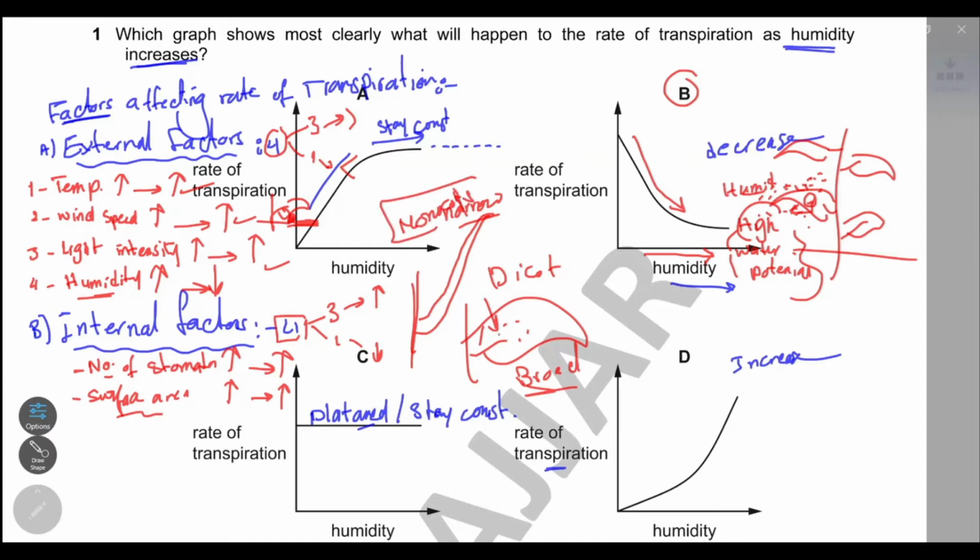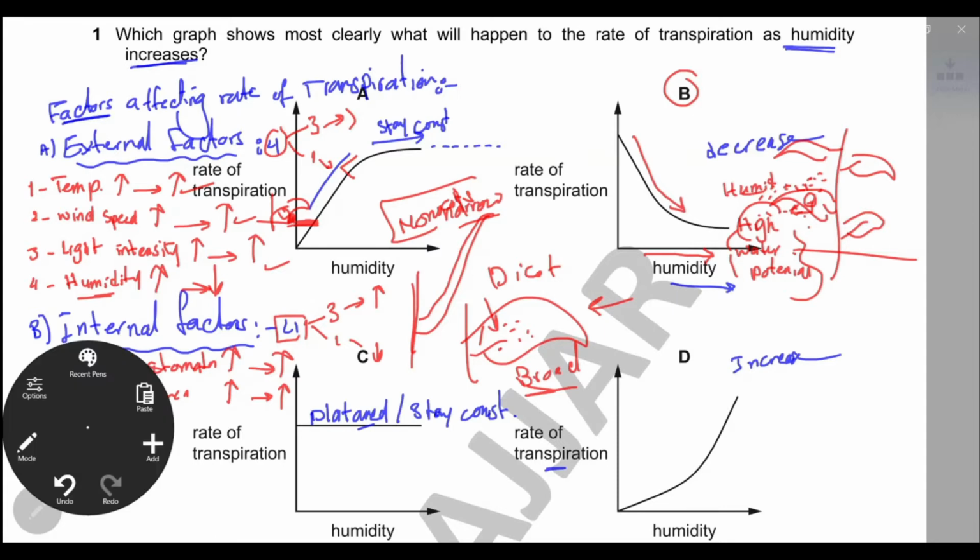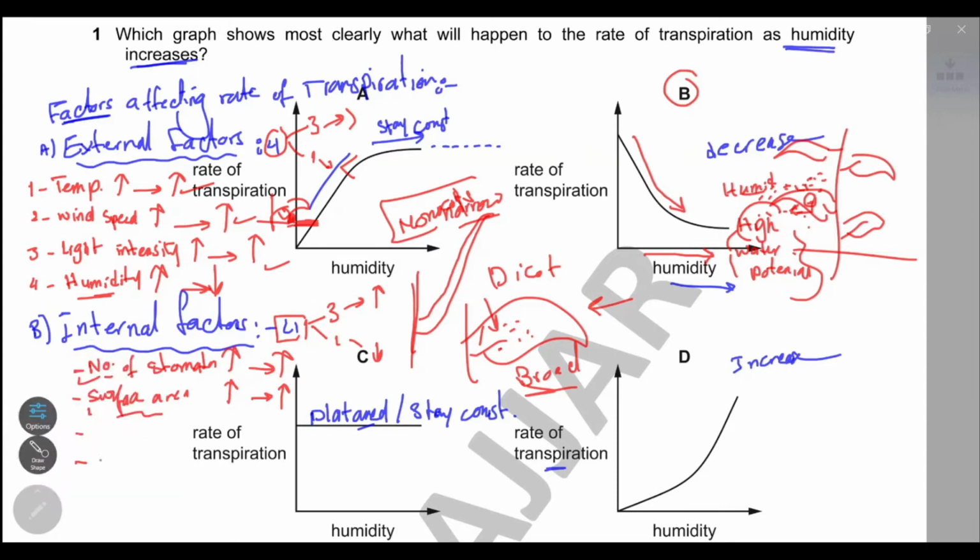When you have more surface area exposed to the environmental conditions, the rate of transpiration also increases. So we have other internal factors as well: the number of stomata, the surface area exposed, and the cuticle.